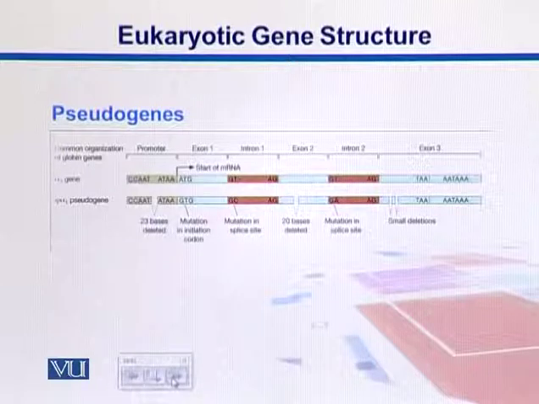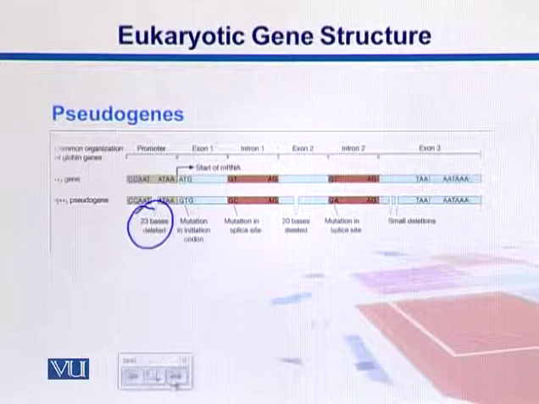Here is a diagram in which we see that from a normal gene, a pseudogene is formed here. We look into its 5' end, and there is a region in which 23 bases have been deleted. In addition to that, bases are deleted from the promoter region and the initiation codon. The promoter must have some important patterns in it, so in this case these deletions are lethal.